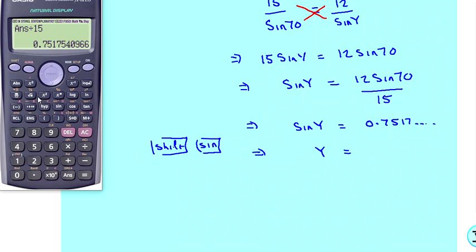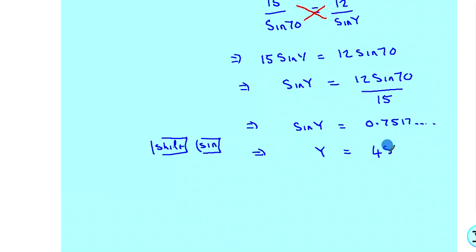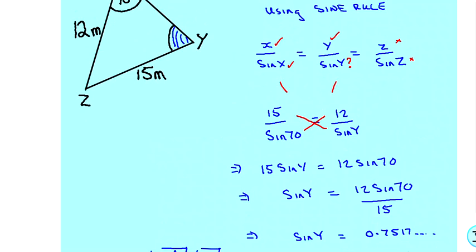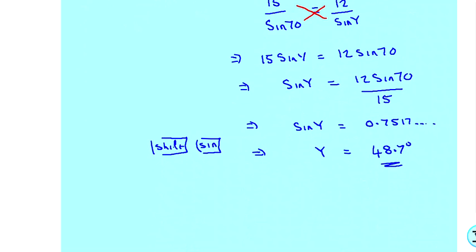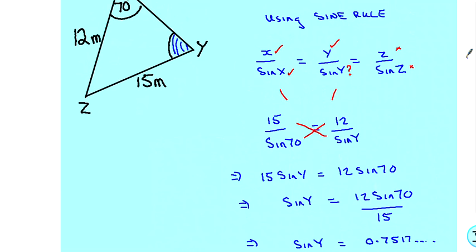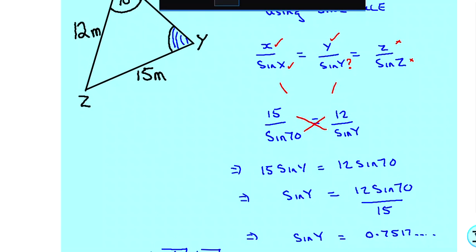Shift sine of that answer equals, and one decimal place will do fine for the angle: 48.7 degrees. Therefore that angle there, angle Y, is 48.7 degrees. So that's the sine rule to work out either the length of a side or the size of an angle. Basically now you can go on and have a look at the work in the pack or your textbook.